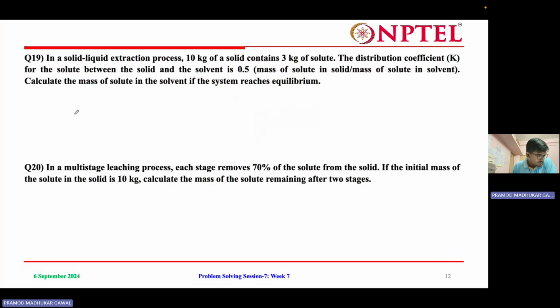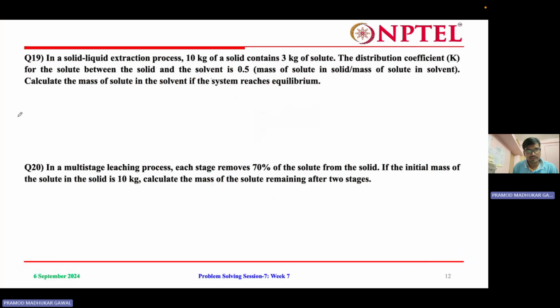Question 19. In a solid-liquid extraction process, 10 kg of solid contains 3 kg of solute. The distribution coefficient K for the solute between the solid and the solvent is 0.5, that is, mass of solute in the solid divided by mass of solute in the solvent.